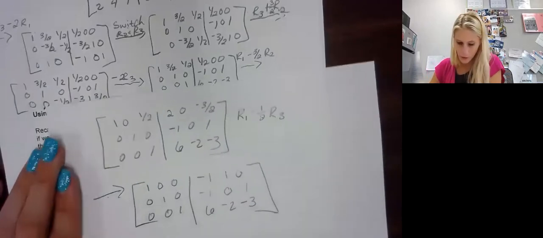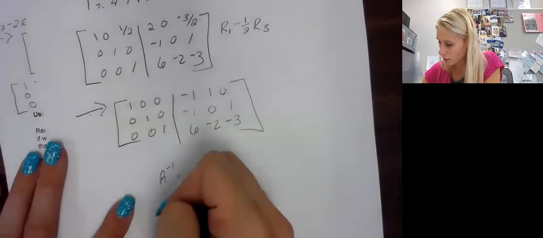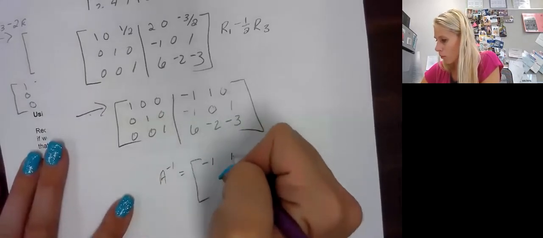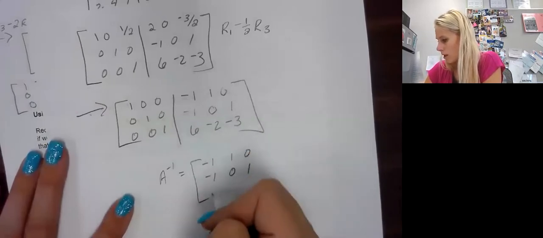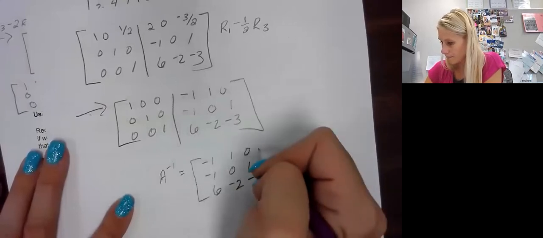There we go. So that means my final answer is that the inverse of matrix A is negative 1, 1, 0, negative 1, 0, 1, 6, negative 2, negative 3.